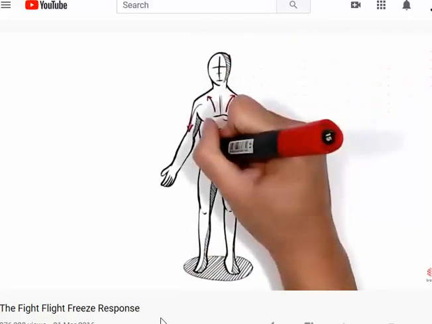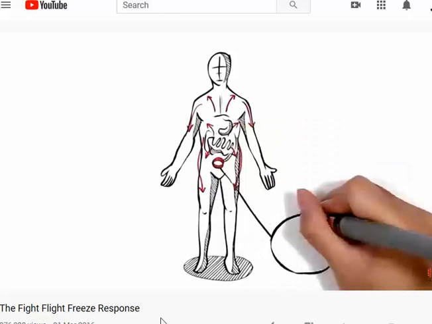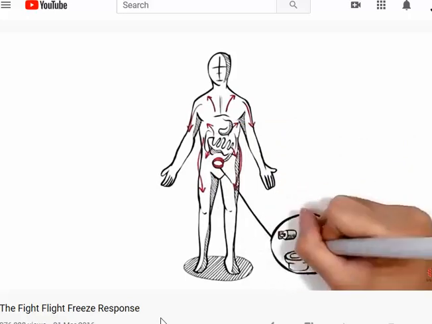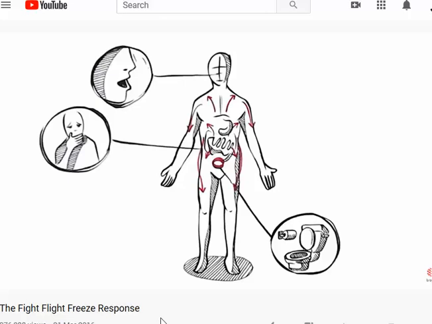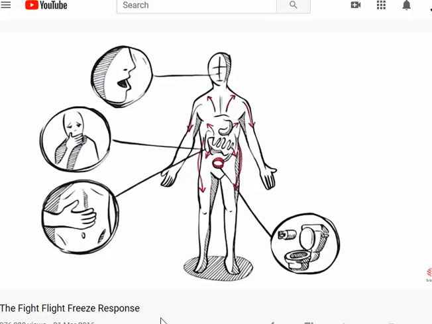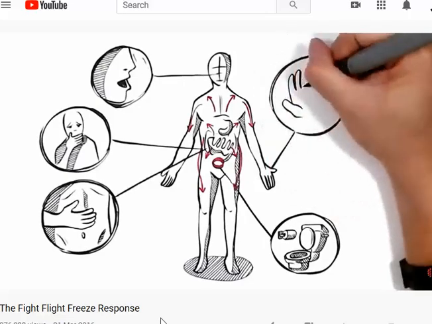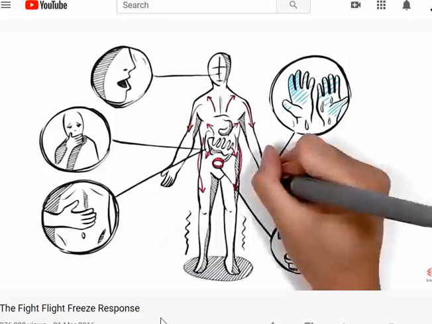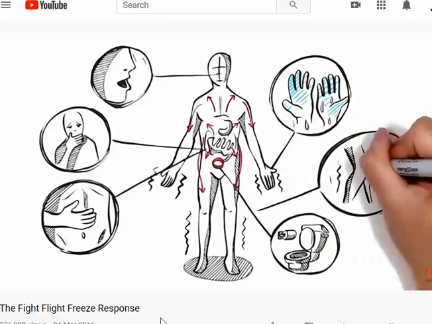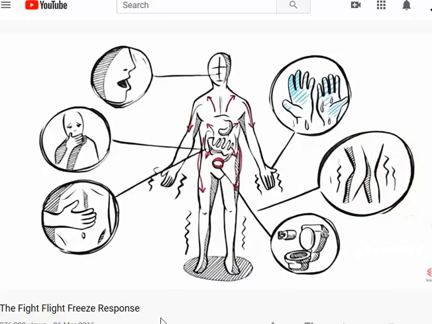Blood flows away from our digestive system, causing the bladder to relax, and we might feel the need to pee. The mouth goes dry, nausea can occur, and we get the butterflies feeling in our stomach. Blood also rushes from extremities, leaving us with cold hands, but often sweaty palms as the action-ready body starts sweating to avoid overheating. Legs and hands can start trembling and feel weak, while tension starts building in big muscles like the thighs, neck, and shoulders.